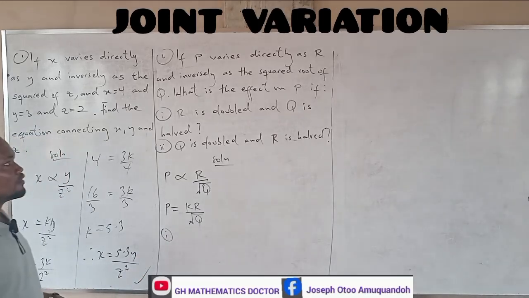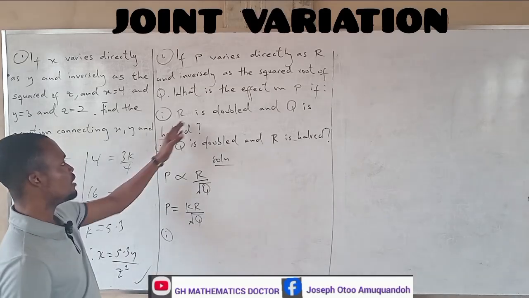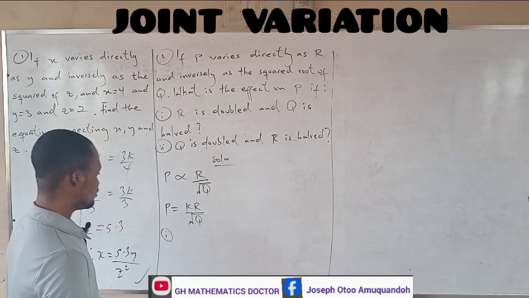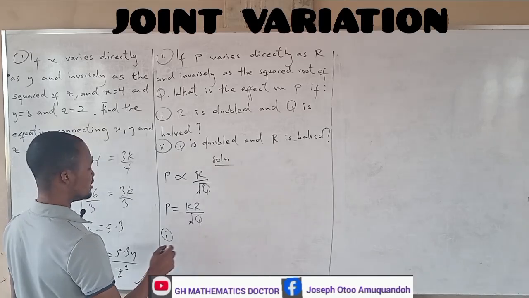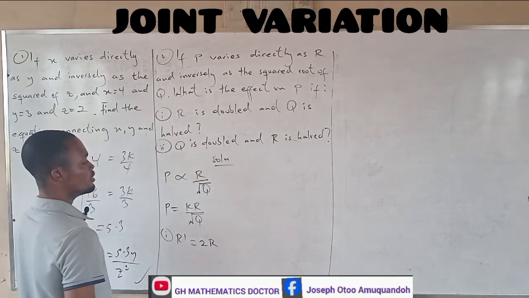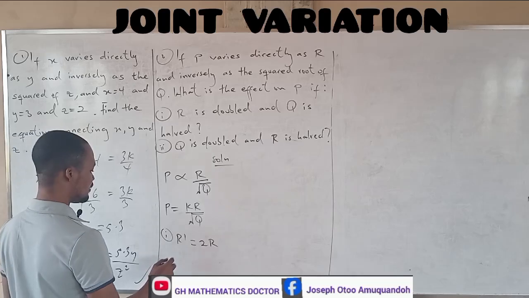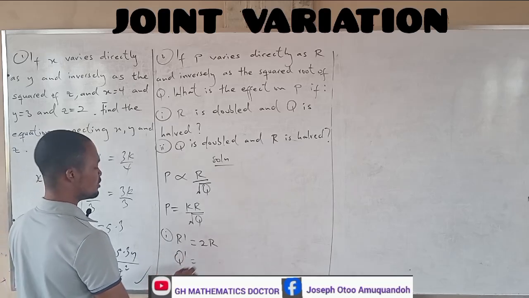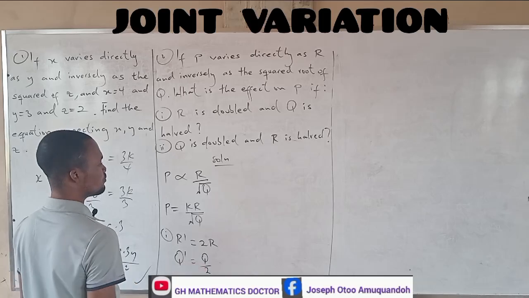All right. Now we solve the first problem. What is the effect on P if R is doubled and Q is halved? So we need to first find our new R. When it is doubled, we get 2R. And when Q is halved, the new Q is Q over 2.